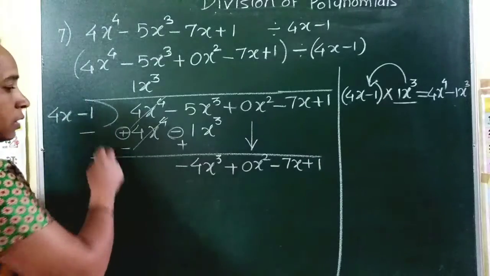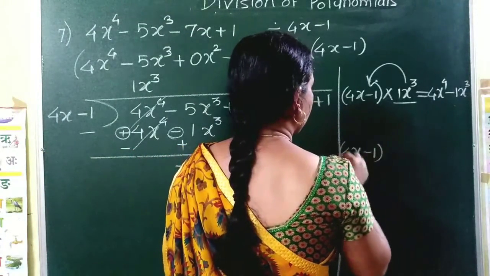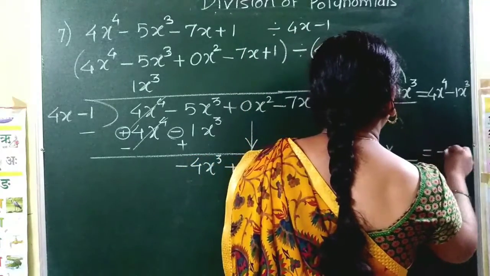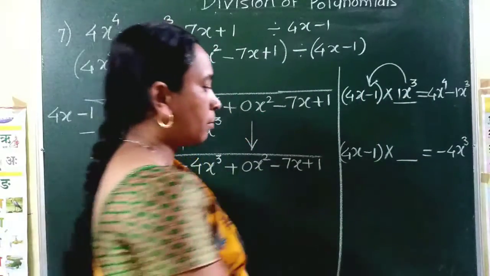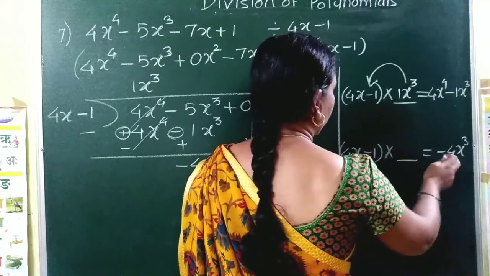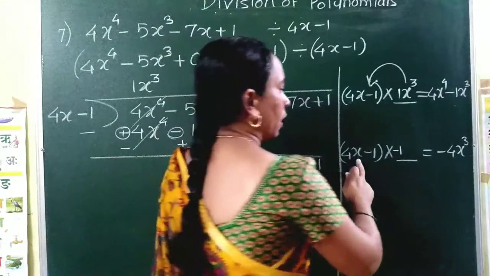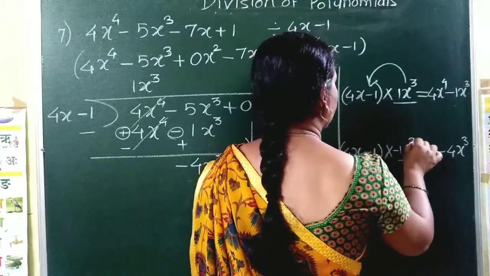We will take again divisor 4x minus 1 multiplied by which factor to get minus 4x cube. Minus 4 we need it, so here I should multiply by minus 1. X, here x cube, that means x square is needed.